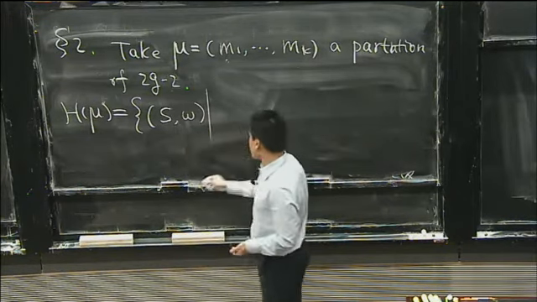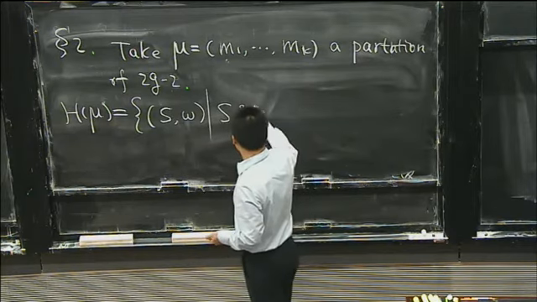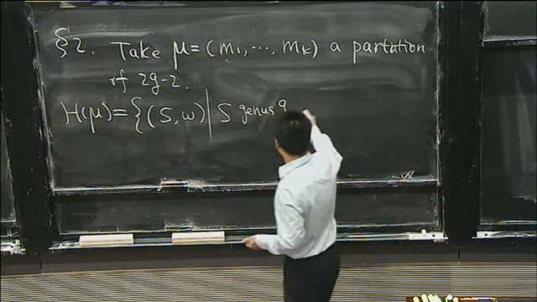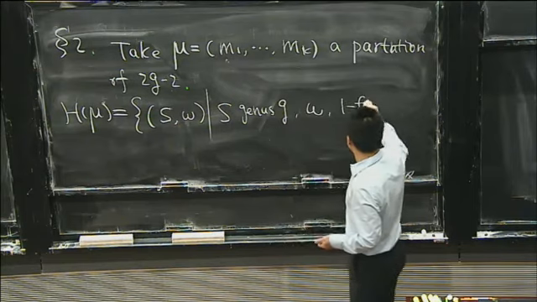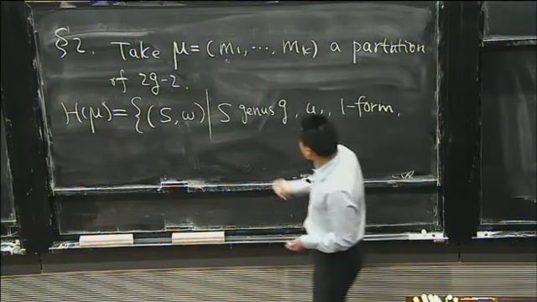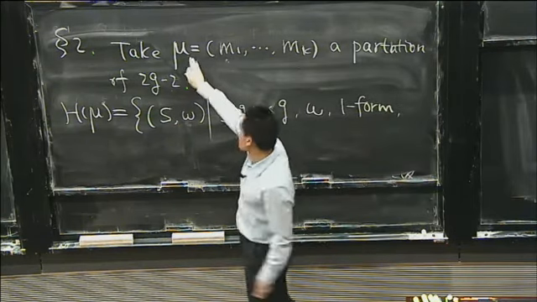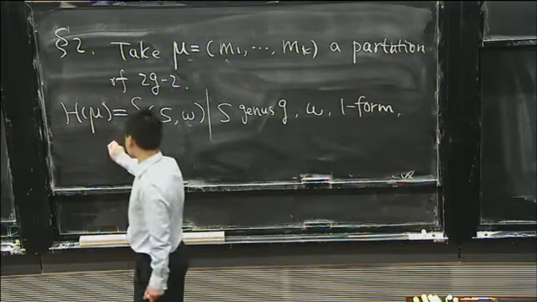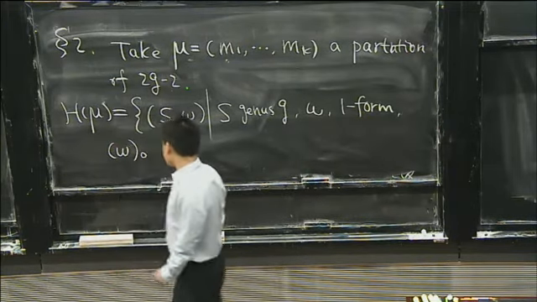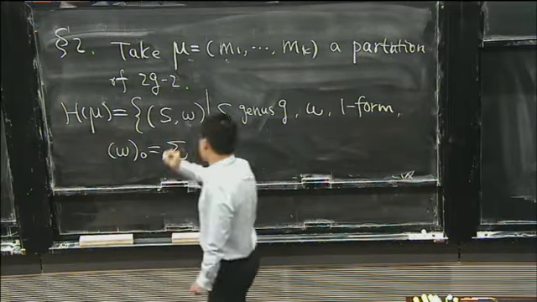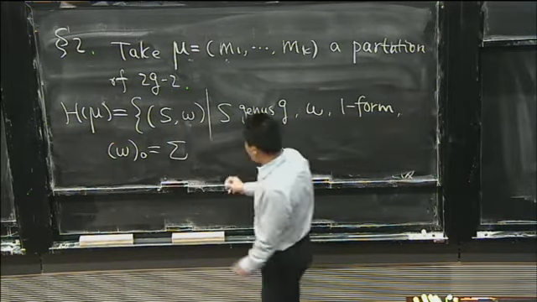In addition, I require the type of zeros of omega to be determined by the signature mu. In other words, omega has zero loci at k points, and their vanishing orders are those mi's.